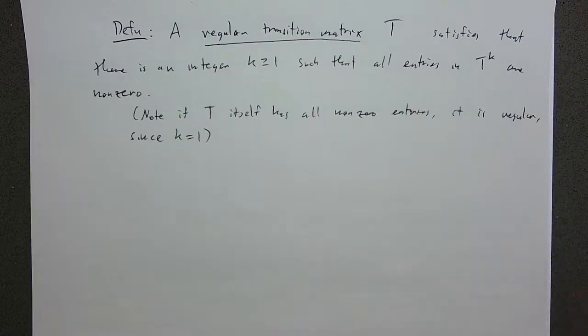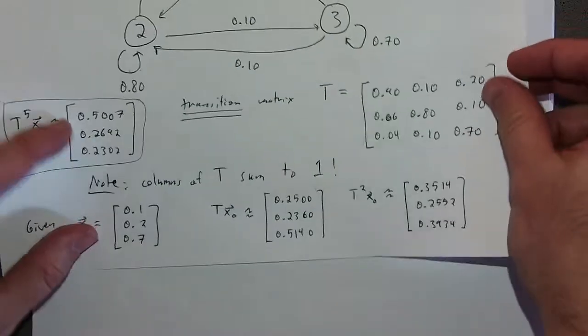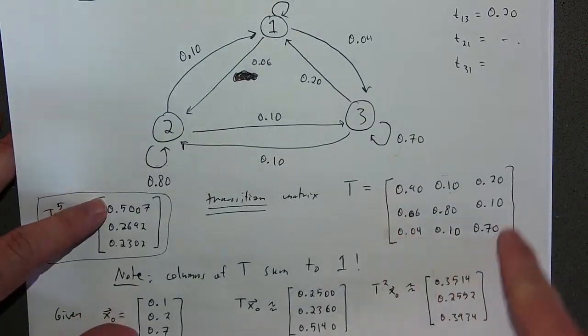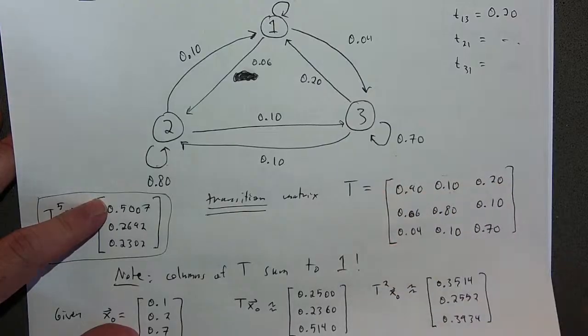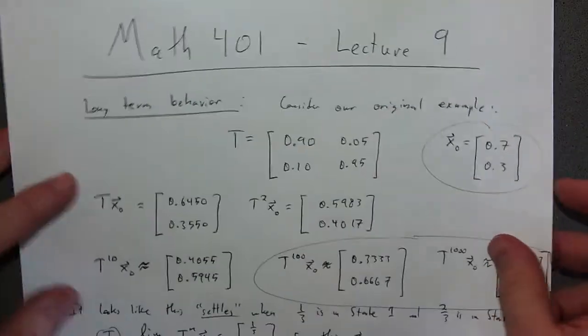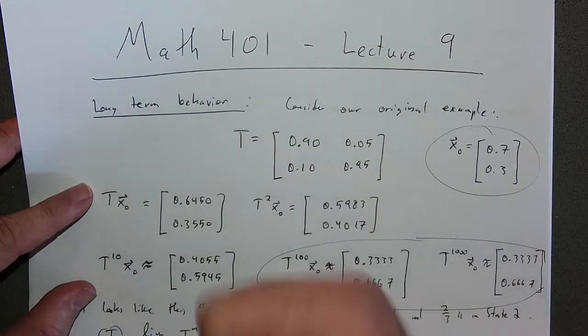So if you begin with a transition matrix T that has all non-zero entries, then it is regular. In fact, here is the 3x3 example that we did earlier. All the entries of T are non-zero. It's regular. Here's the 2 by 2 example we did. Every entry is non-zero. It's regular.